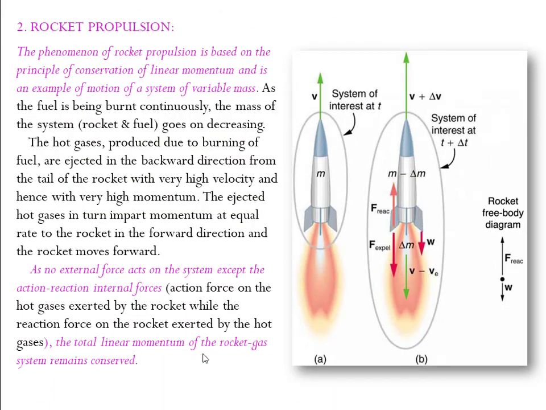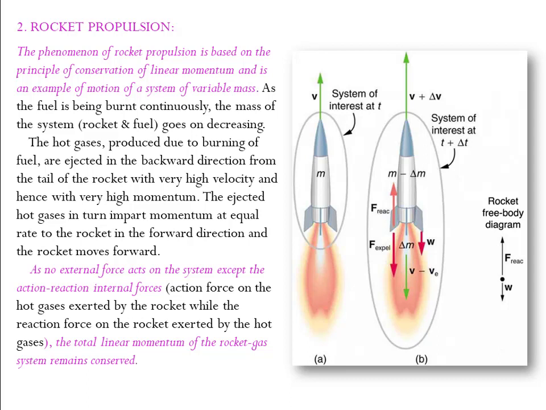Well, the second application is rocket propulsion, a very interesting application, and an example of motion of a system of variable mass. The phenomenon of rocket propulsion is also based on the principle of conservation of linear momentum. As the fuel is burned continuously, the mass of the system of rocket and fuel goes on decreasing.